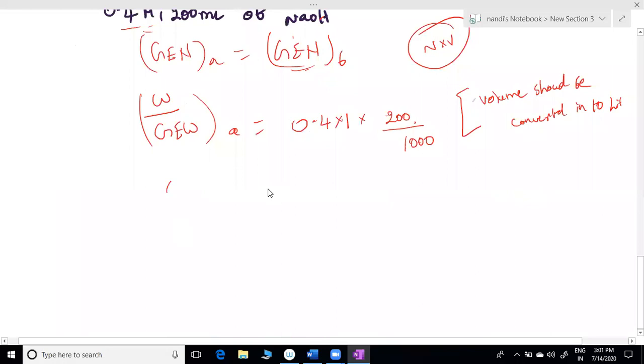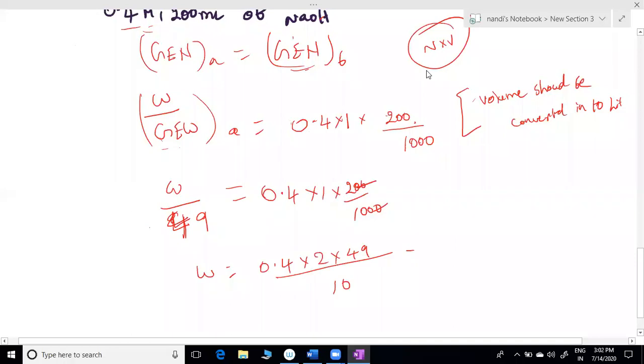W equals 0.4 into 2 into 49 by what is the value? Who has done this? 3.92 is what I am getting. Okay, fine.